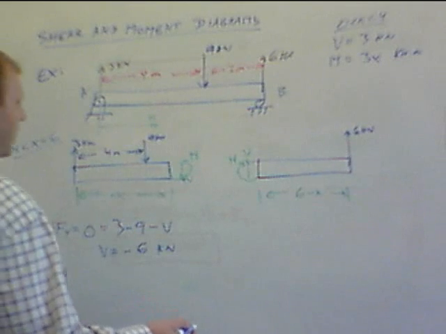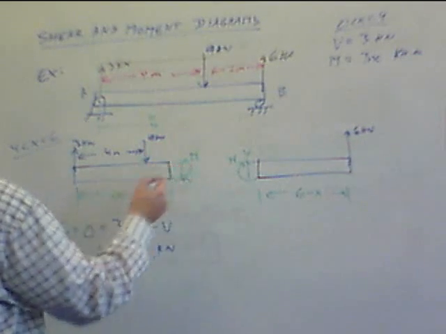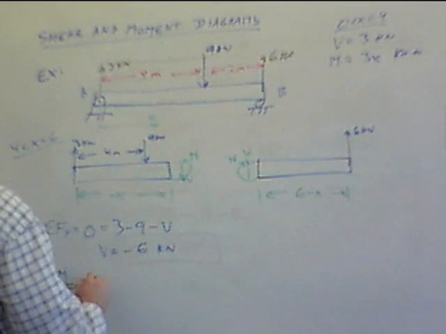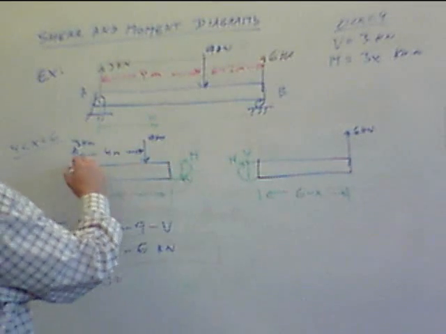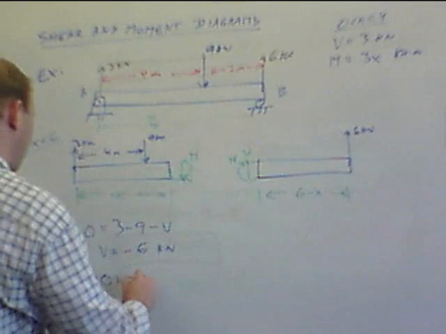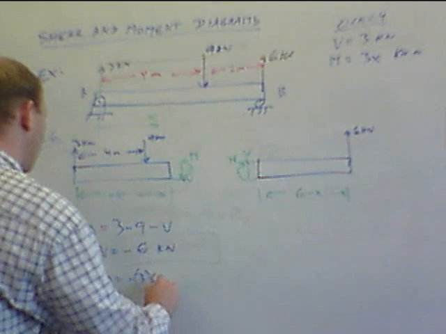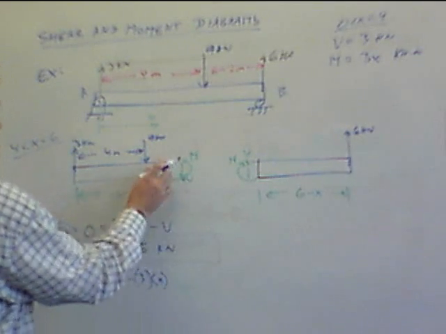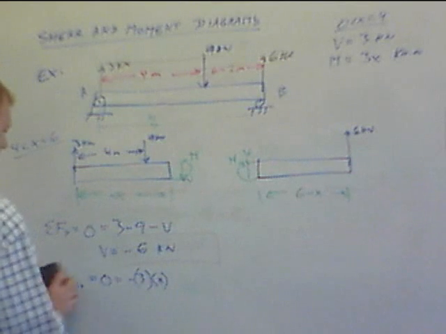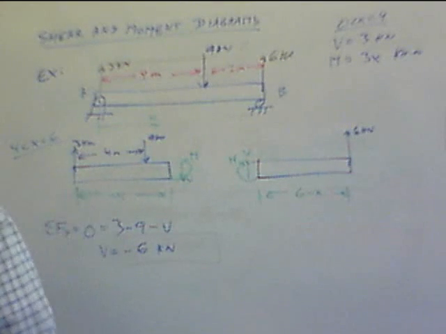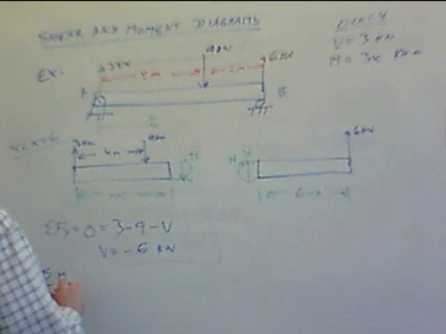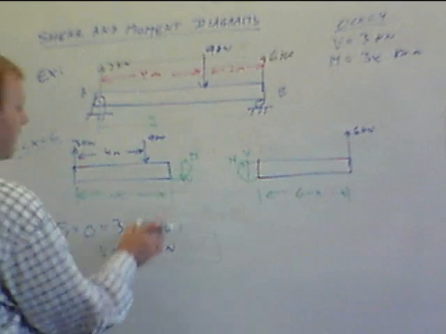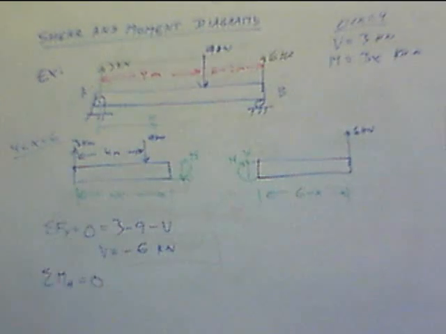And summation of moment, where it makes sense, I'll make it about the cut. Equals 0 equals, this is now clockwise, so minus 3 times x. I'm not going to do that because I don't want to deal with that piece. I'm going to do the moment about A, simply because I didn't want to have to calculate this moment arm if I took the moment about that piece.